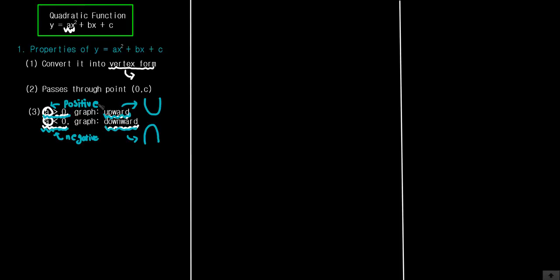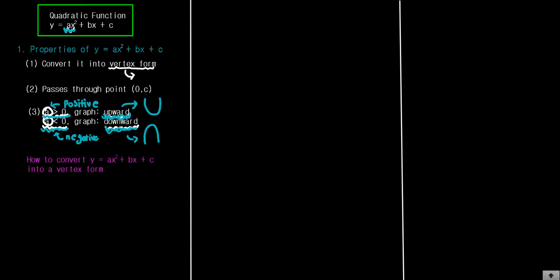We could have actually seen before that the a value doesn't really affect the graphing of a parabola; the only thing it affects is whether the parabola goes upward or downward.